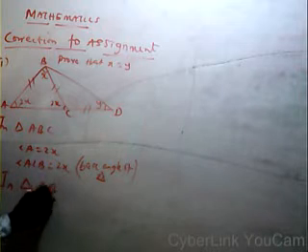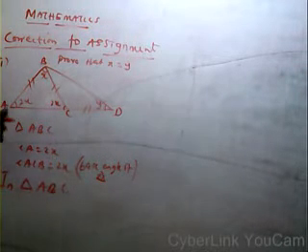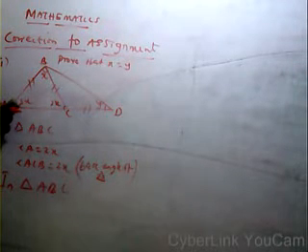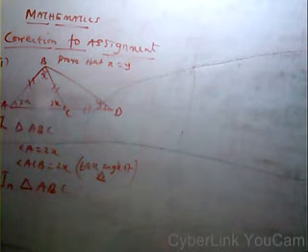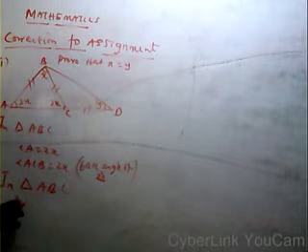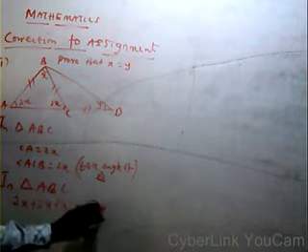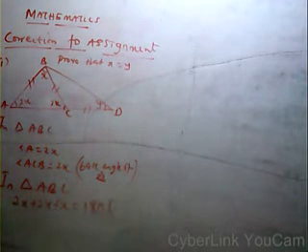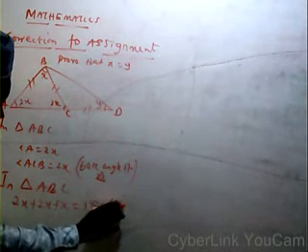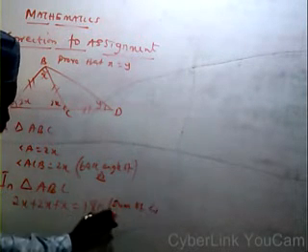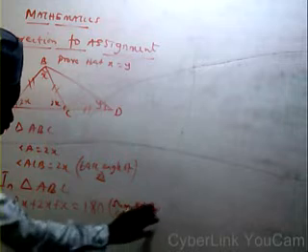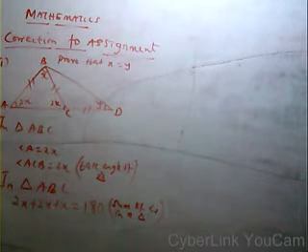So in triangle ABC, it means that 2x plus 2x plus x will give us 180 degrees, because it is the sum of angles in a triangle.